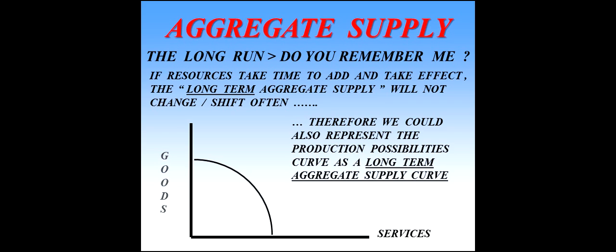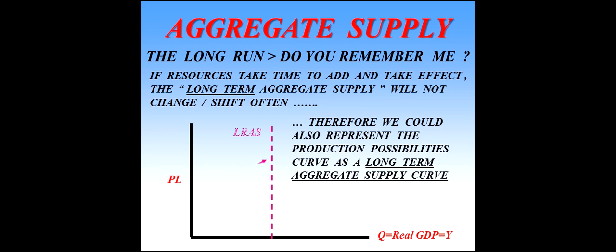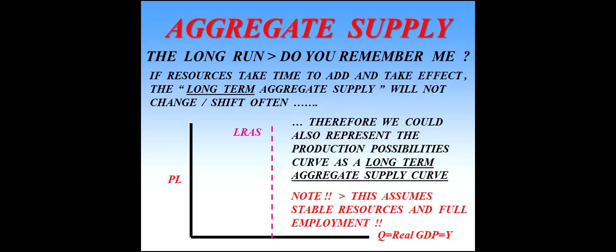And it would look like this. And here's our long-term aggregate supply curve, a vertical line on the chart. And there's something to keep in mind when we illustrate long-run aggregate supply in this manner, that this assumes stable resources and full employment in the economy.